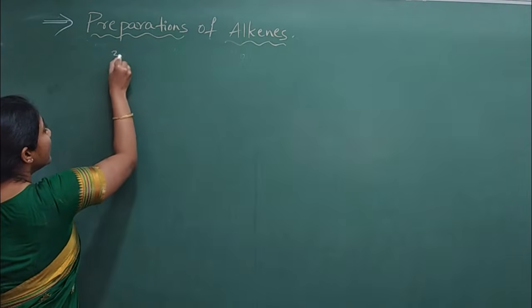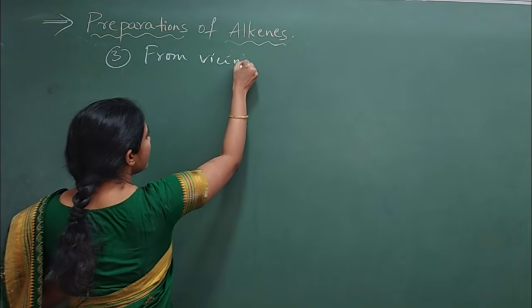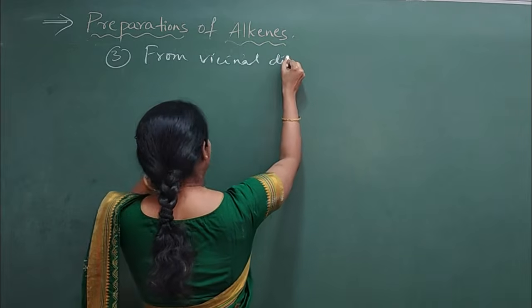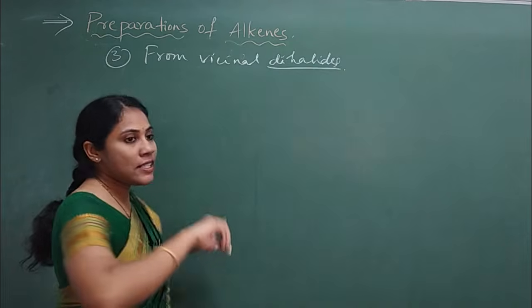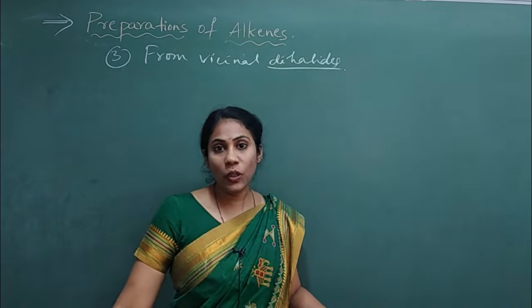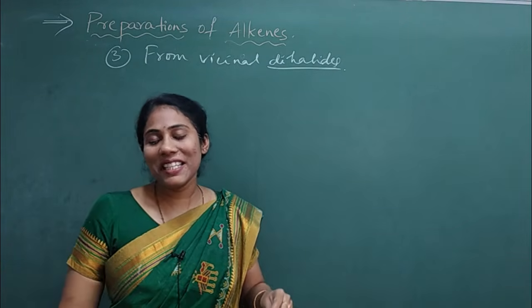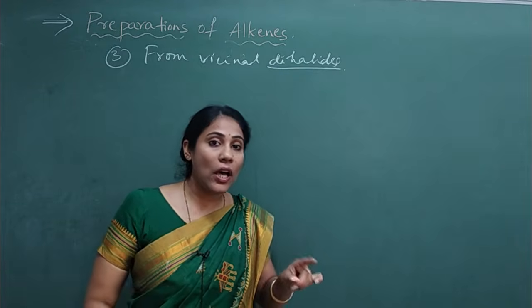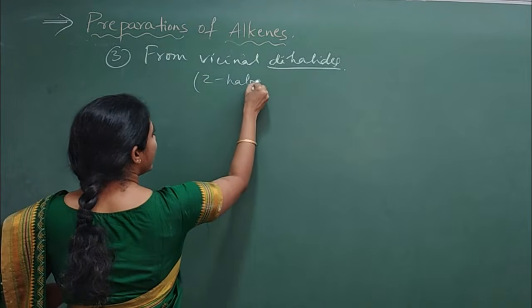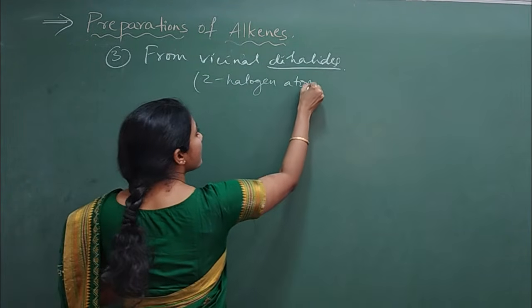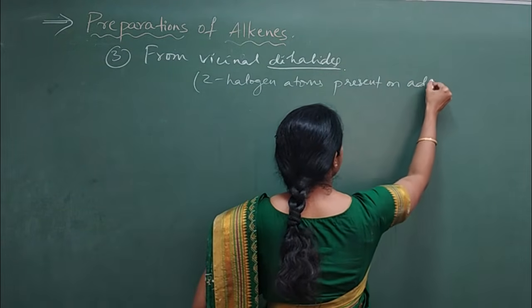See, coming to the third method, that is from Vicinal Dihalides. So you must understand what we mean by Vicinal Dihalides here. Dihalides means 2 halogen atoms are there in a molecule. They are actually alkyl halides, where 2 halogen atoms are present on adjacent carbons.